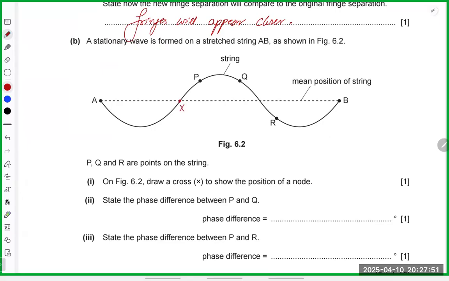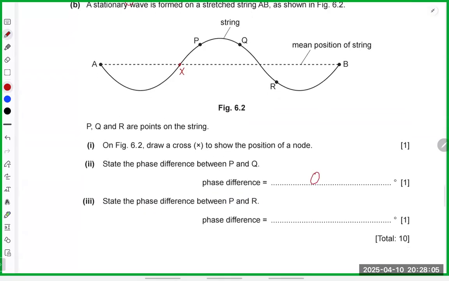Zero. State the phase difference between P and Q. Any two particles between two consecutive nodes are always in phase. So the phase difference is going to be 0. State the phase difference between P and R. Any two particles on either side of a node are 180 degrees out of phase with one another.